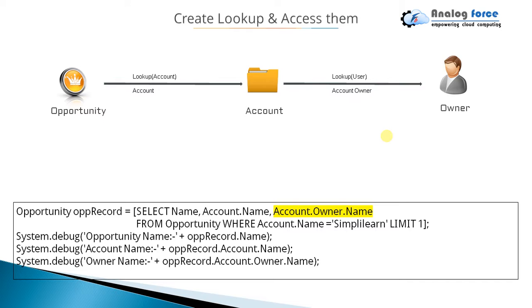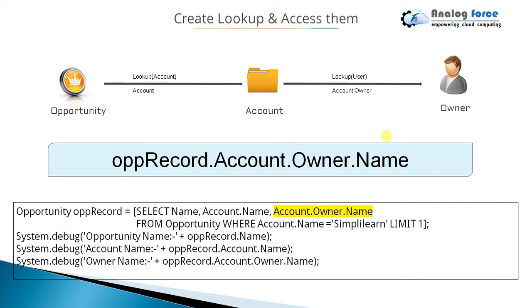Under the query we are writing select name, account name, account owner name from opportunity. So this query is running on the opportunity object. We are trying to pull out a couple of fields, the account, owner, and its name, and I have put in a where clause. I'm trying to debug it.